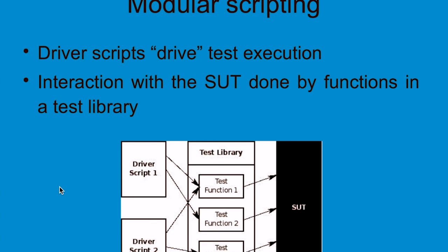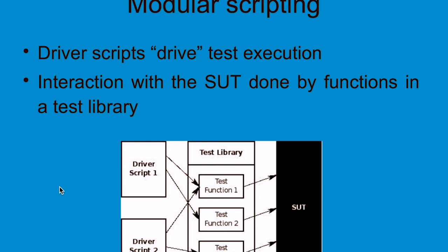Modular scripting. Modular scripting is something like you have a linear script you have created for a few actions, and then you keep on reusing those scripts so that they become modular. For example, I have a system wherein I have to log in, and after login I have to check that my login is successful, and again come back, log out, and then log in again, and if I'm using an incorrect password my login will fail.